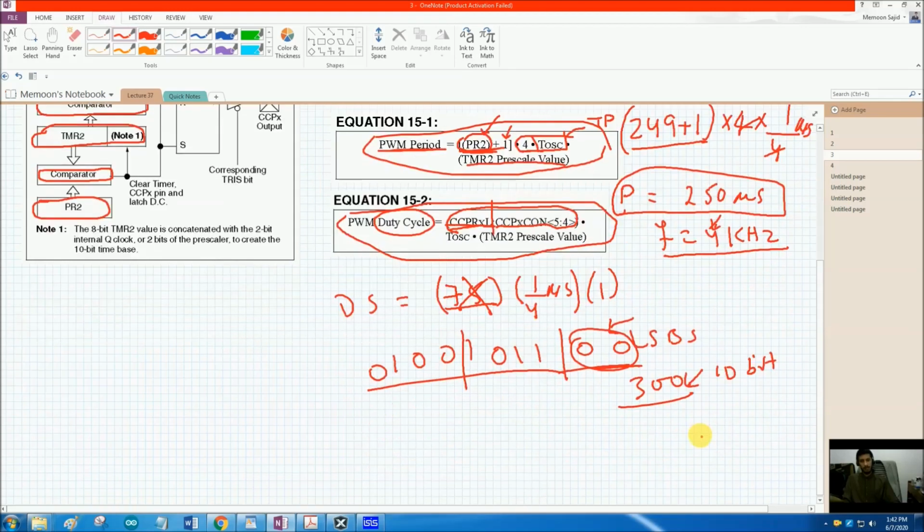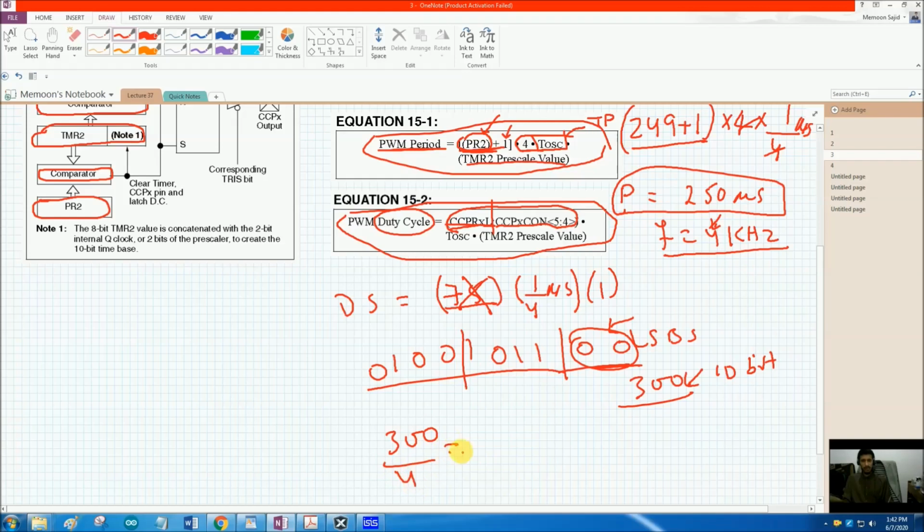If we carefully note here, 300 is nothing but 75 into 4. So if we do not need very high accuracy, we can completely ignore these 2 bits and this 1/4, and we can modify our formula for a 4 MHz oscillator, not for any other oscillator.